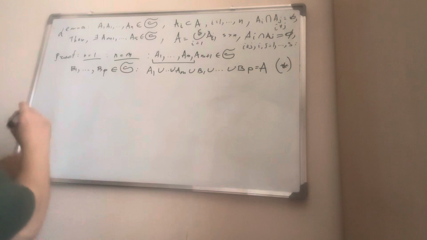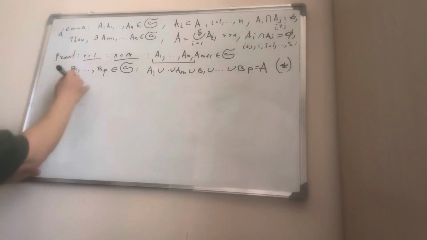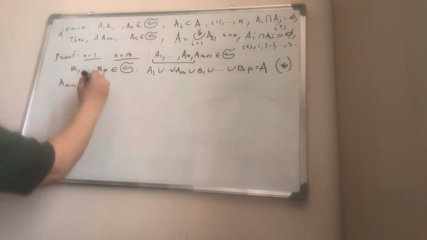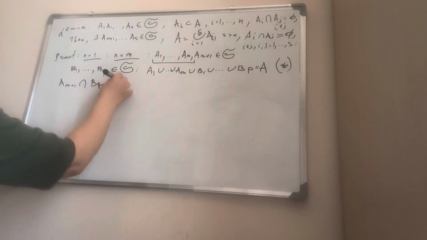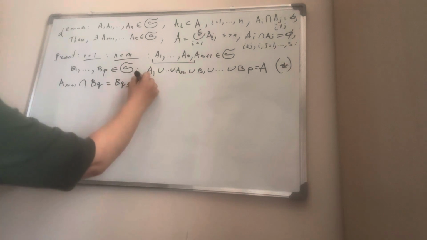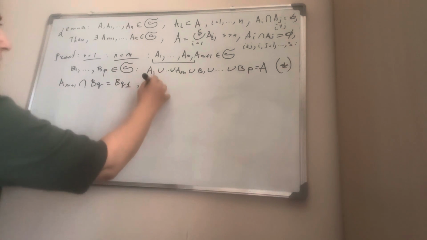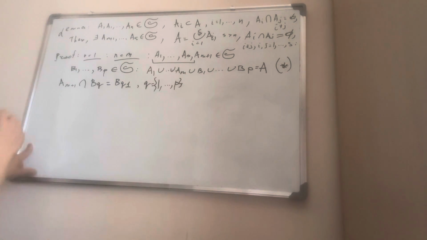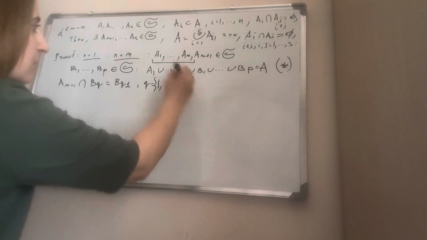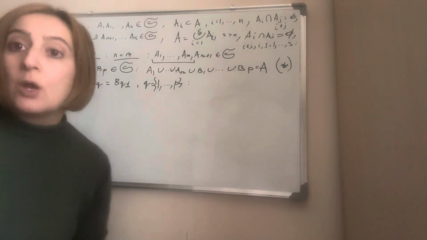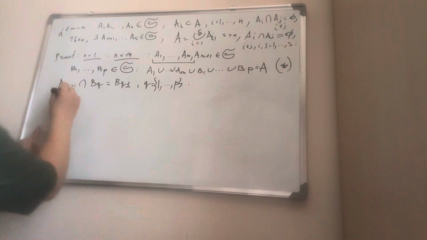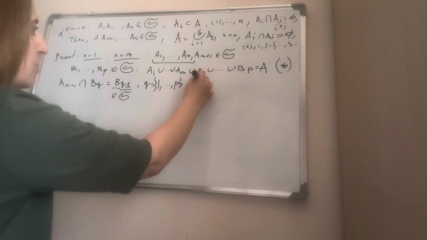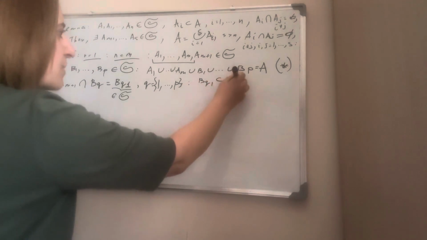So let's make also the following notation. Am+1 intersected with Bq. Let's denote this intersection by Bq1 for each q from the set of the numbers from 1 to p. And once again applying the definition of a semiring, Bq1 obviously belongs to the semiring sigma, and Bq1 is a subset of Bq.